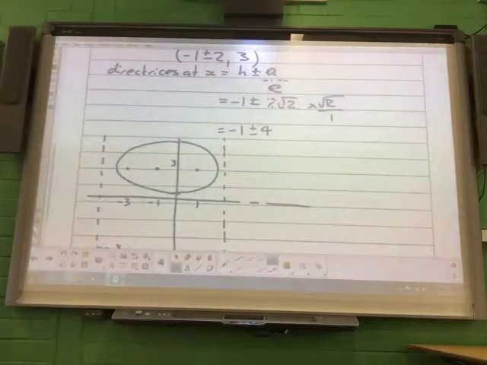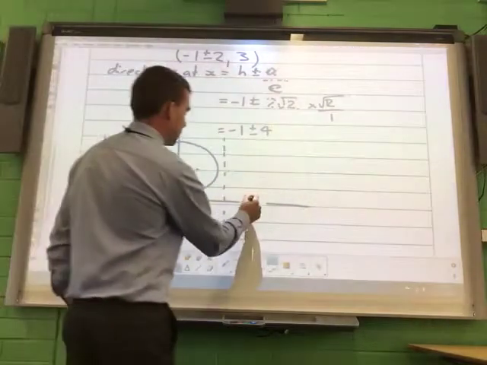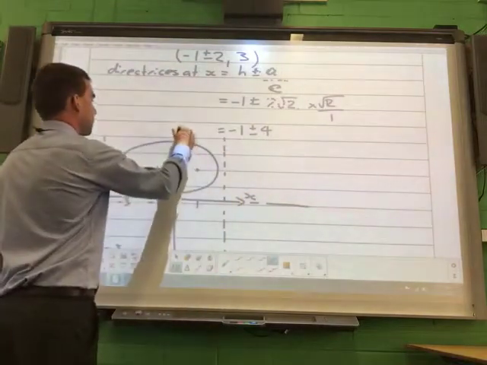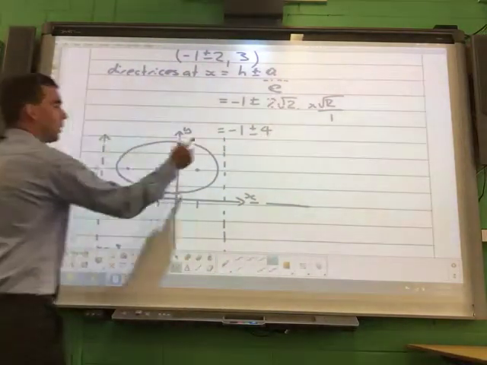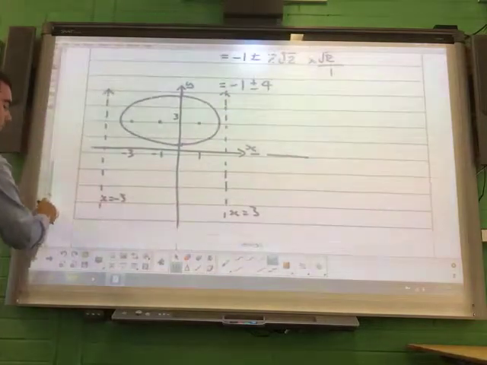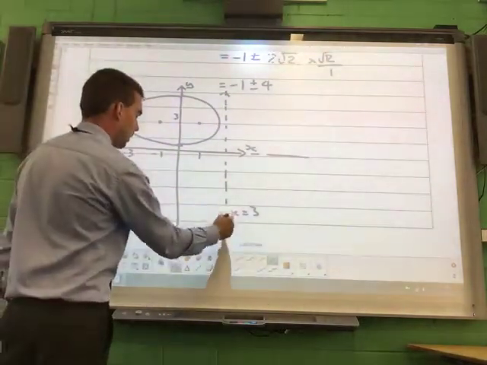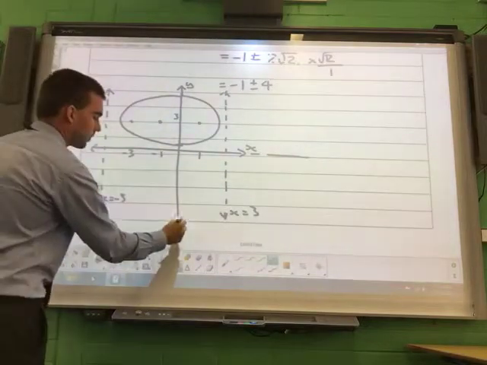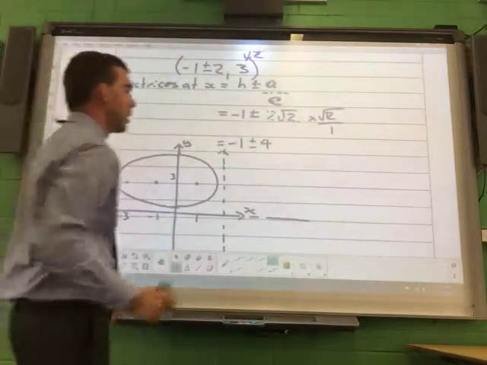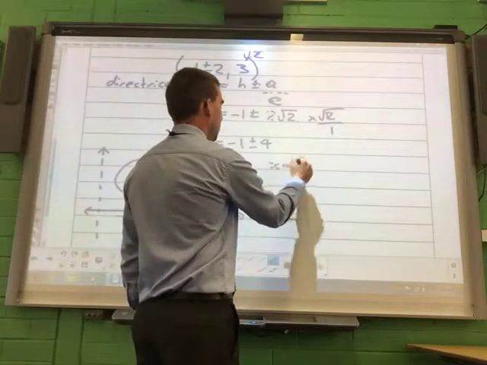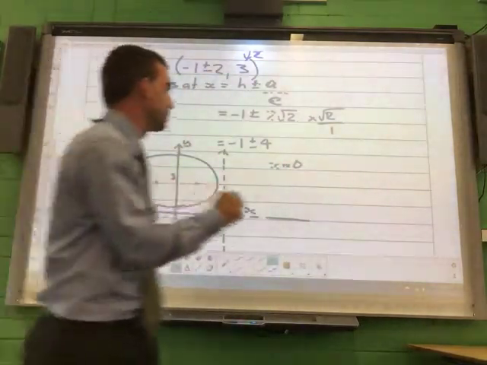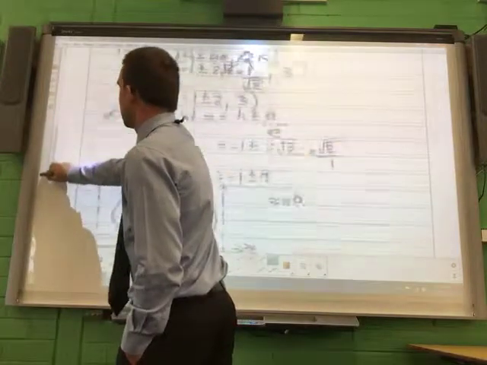Okay, so there will be no x-intercept because we've determined the minor axis length. However, there will be 2 y-intercepts. Okay, so we need to find those values. Right, so we're finding the y-intercepts, so we're going to substitute x equals 0 into that equation.